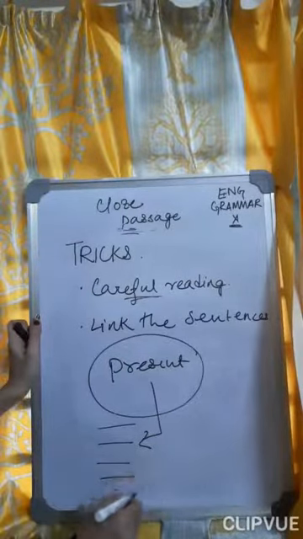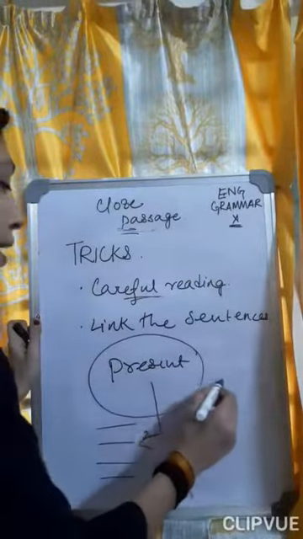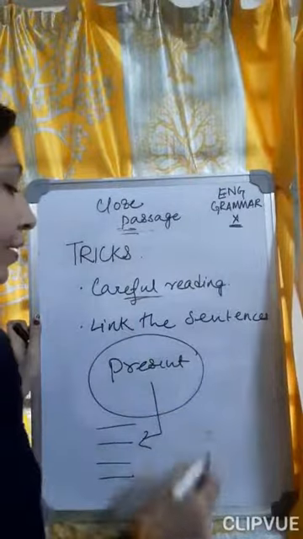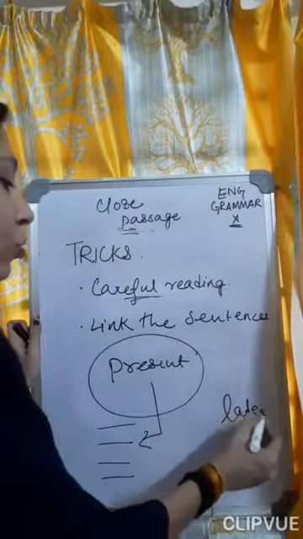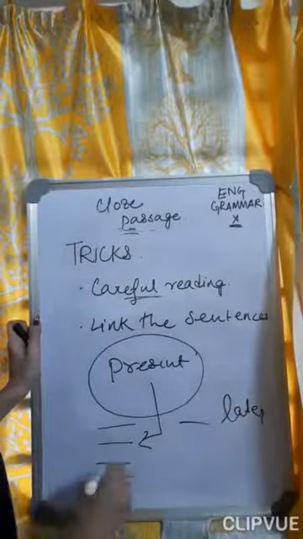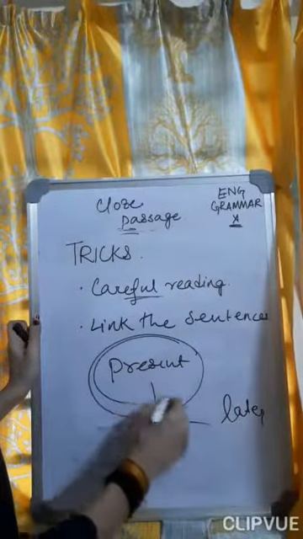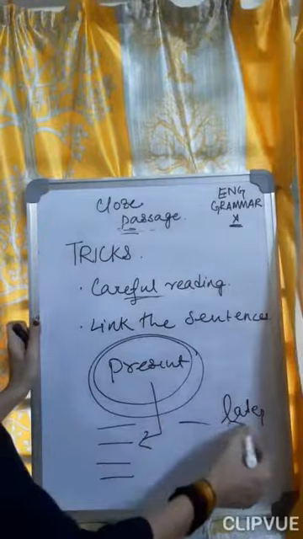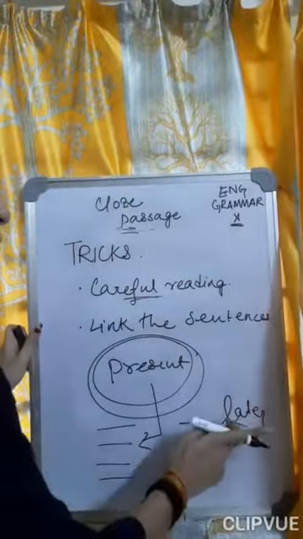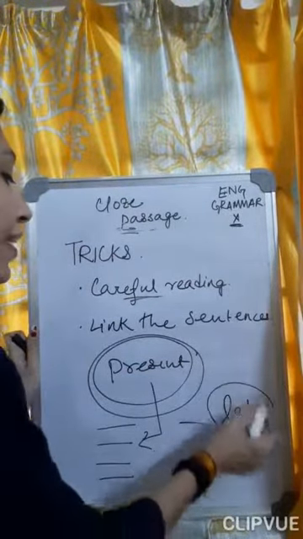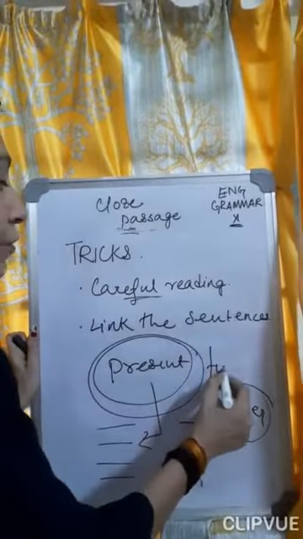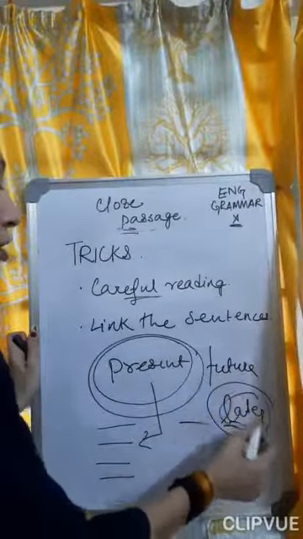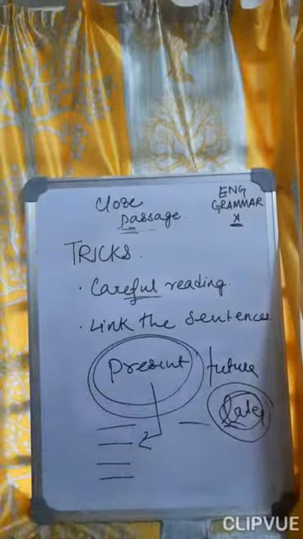There will be some lines like, "I am doing this now, I will do this later." With the word "later," you know it will be future tense. But generally, if the scenario is in the present, it will be in the present only. Certain exceptions will also be there, for which you have to be very careful. Like the word "later" will tell you that it will be future tense. So catch certain words and link the sentences.